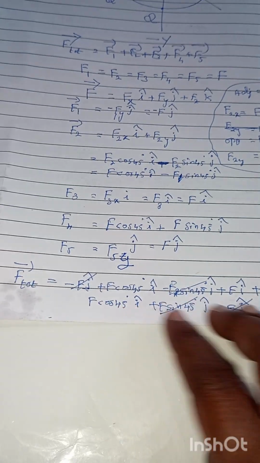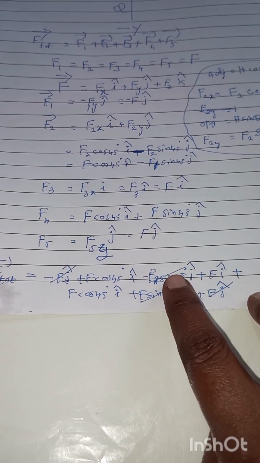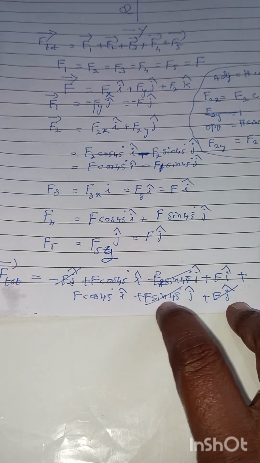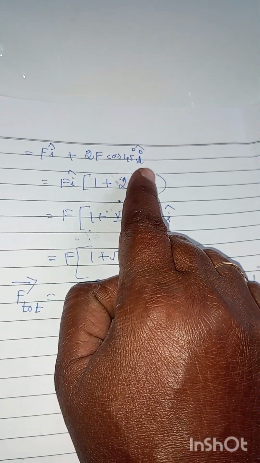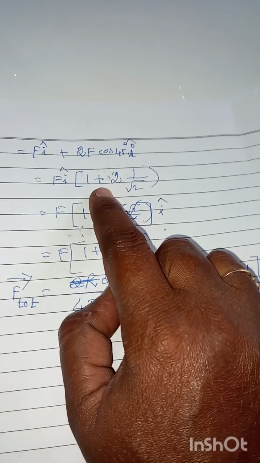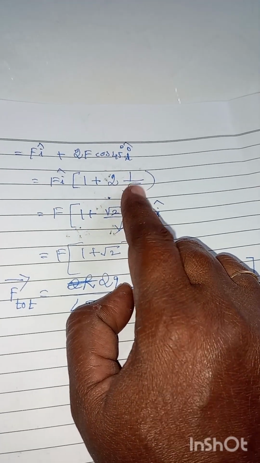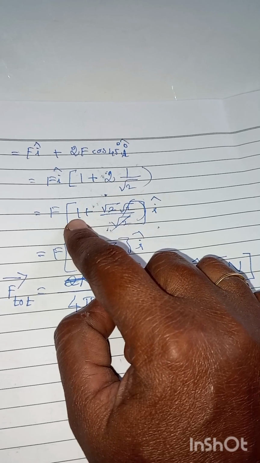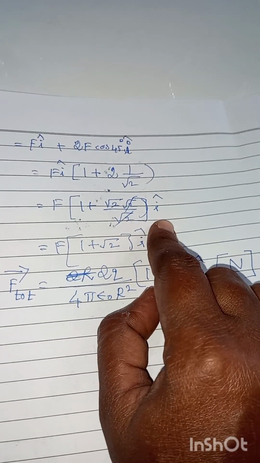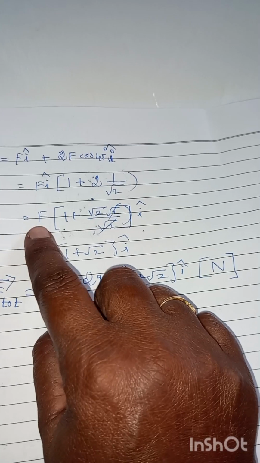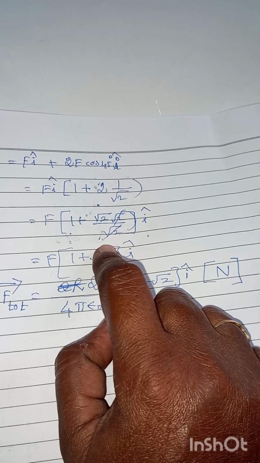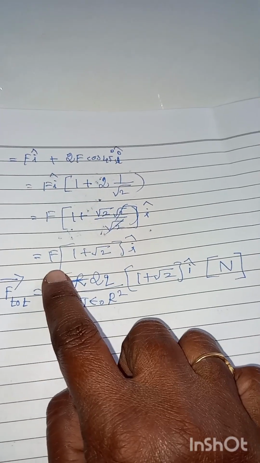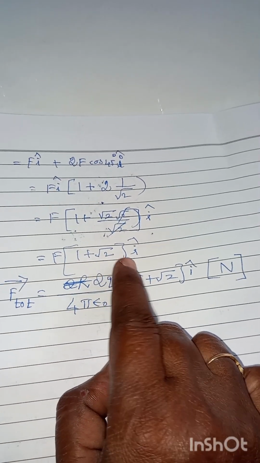So here negative F j and positive F j get cancelled, and minus F sin 45 j and plus F sin 45 j get cancelled. On simplifying, we get F i cap plus 2F cos 45 into i cap. F i cap is taken common outside, and 1 plus 2 into cos 45, which is 1 by root 2. So F into 1 plus 2 into 1 by root 2, which is root 2 into root 2 divided by root 2. Root 2 gets cancelled. So F into 1 plus root 2 into i cap.